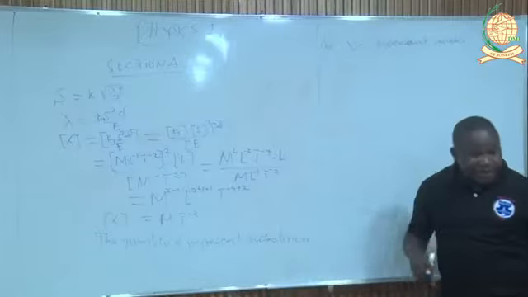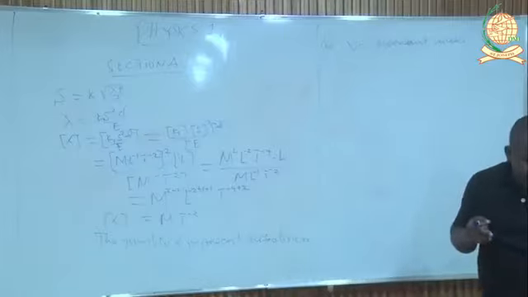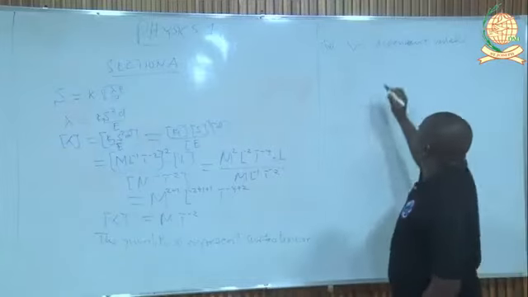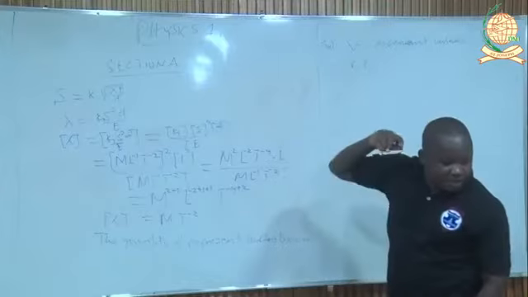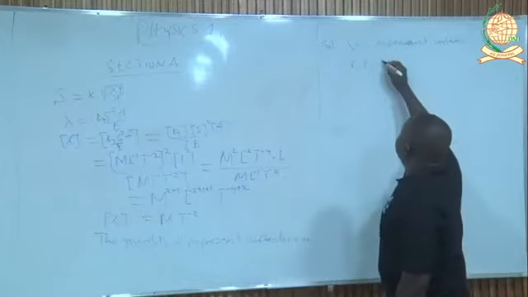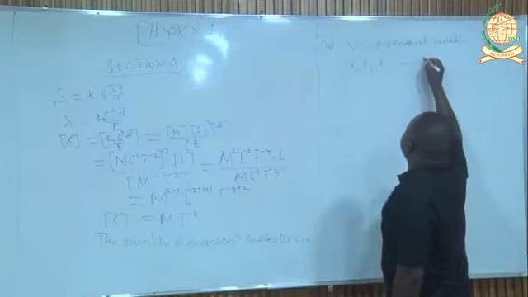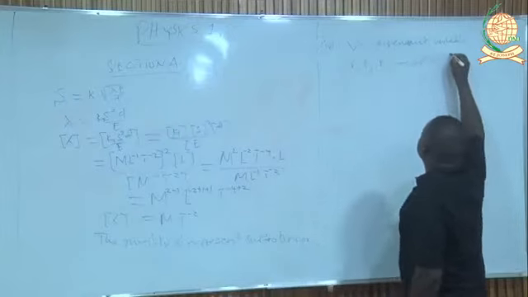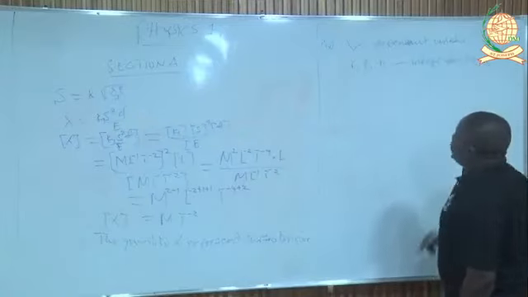And the independent variables that have been given are radius, rho, which is density, and the viscosity coefficient eta. These are independent.